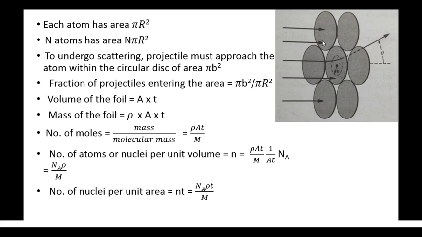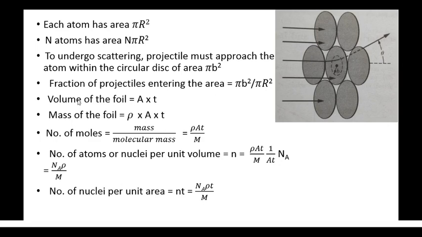Otherwise the alpha particles will undergo no scattering or no deviation. So this atom has area pi r square, and this is a smaller area where the alpha particles will undergo scattering, having area pi b square.